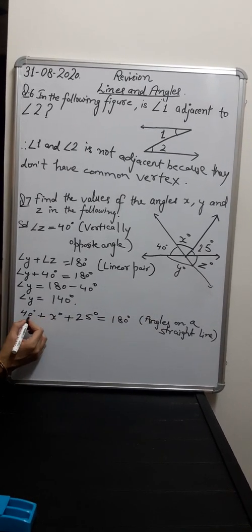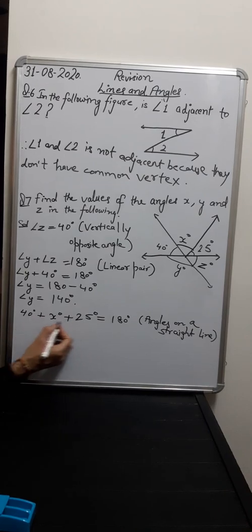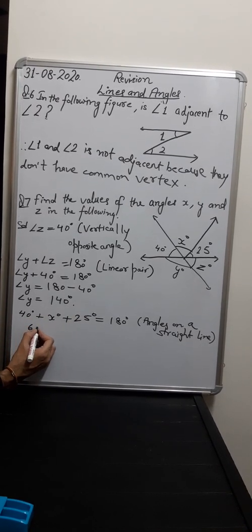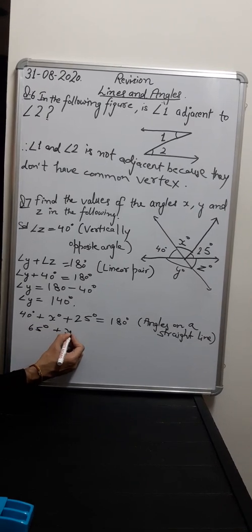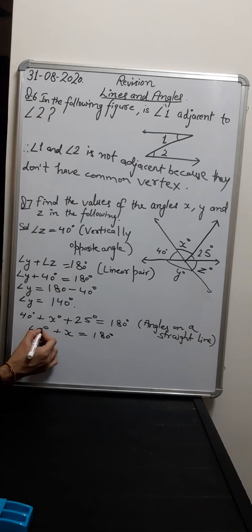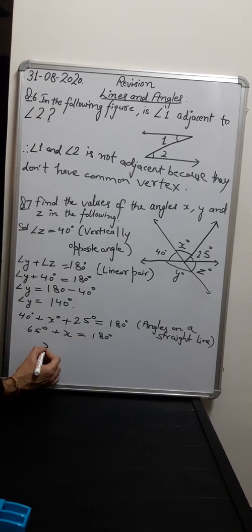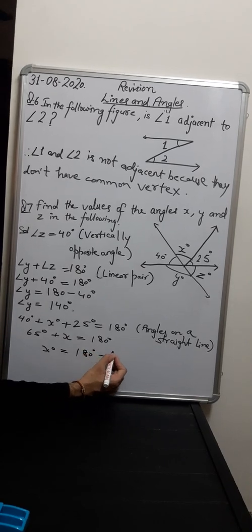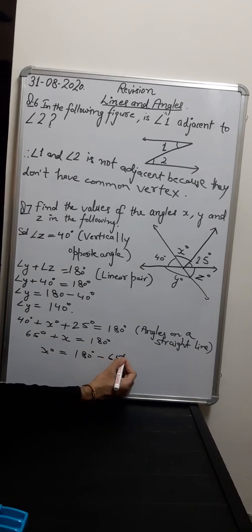First we can add 40 with 25. When we add 40 with 25, we get 65 degrees plus x equals 180 degrees. To find the value of x, we will take 65 to the right hand side. x degrees will be 180 degrees minus 65 degrees.